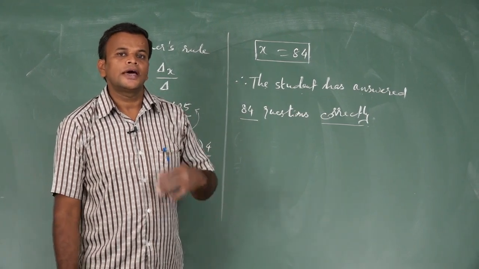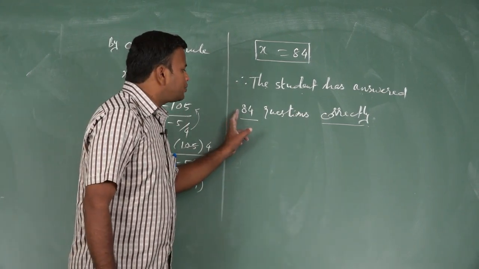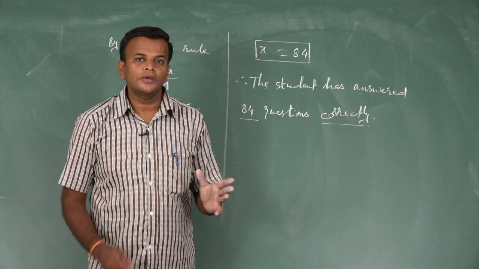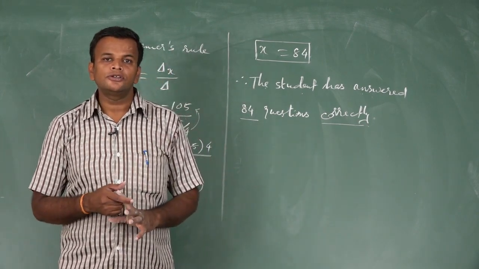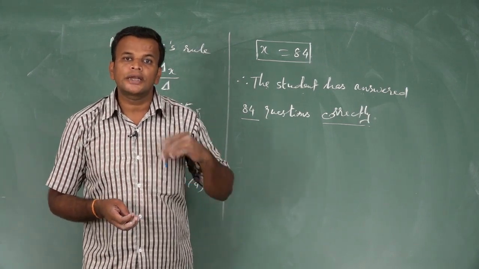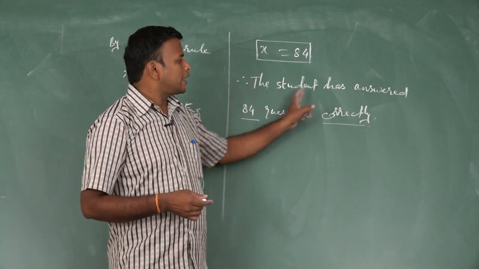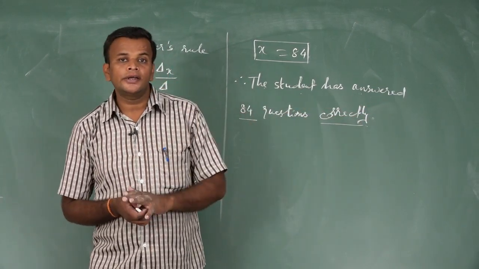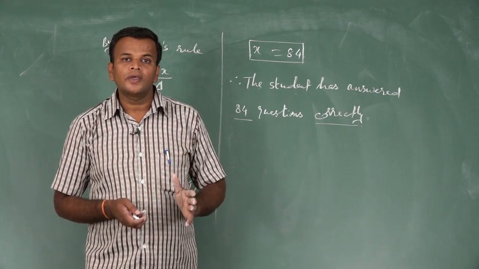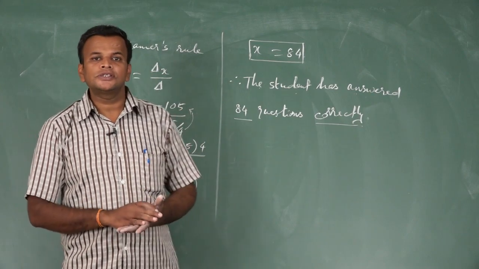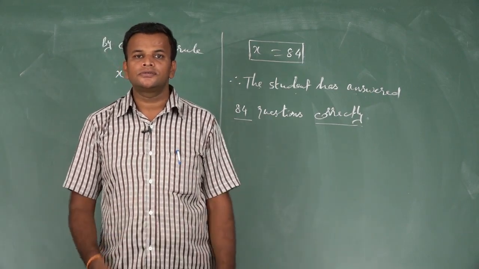The student has answered 100 minus 84, 16 questions incorrectly. So each and every wrong question reduces 1 by 4 marks. Our question is to find only the number of questions answered correctly. Therefore, the student has answered 84 questions correctly. Out of 100, the student got 84 questions correct, and the remaining 16 questions are incorrect.